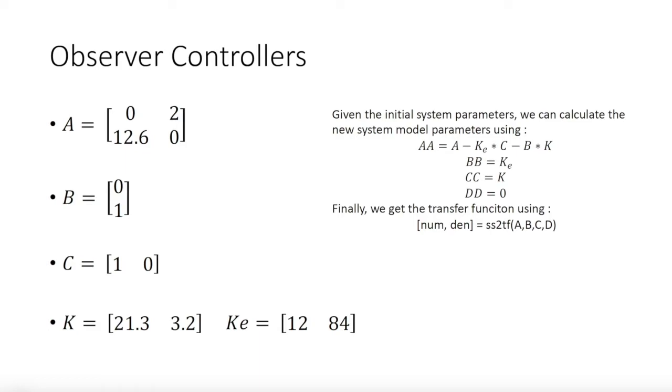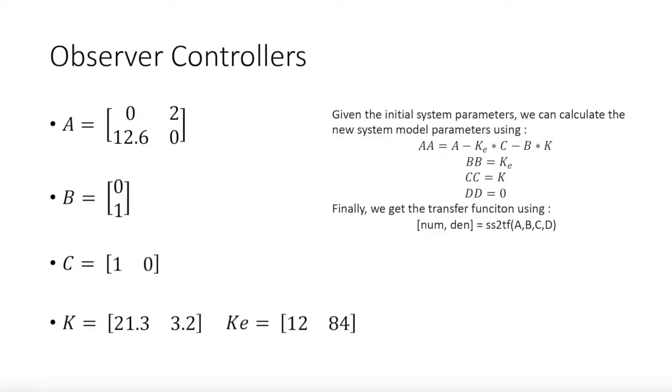For the next one, we're going to find the transfer function for these A, B, C, and D. Also, for the situation where we have defined K and KE, again using ss2tf to get the transfer functions.